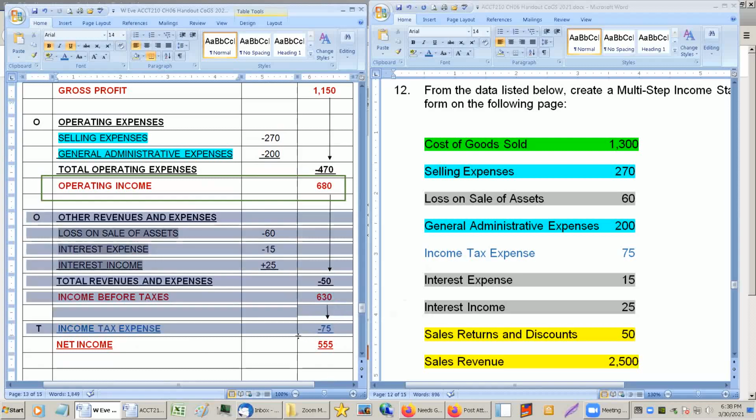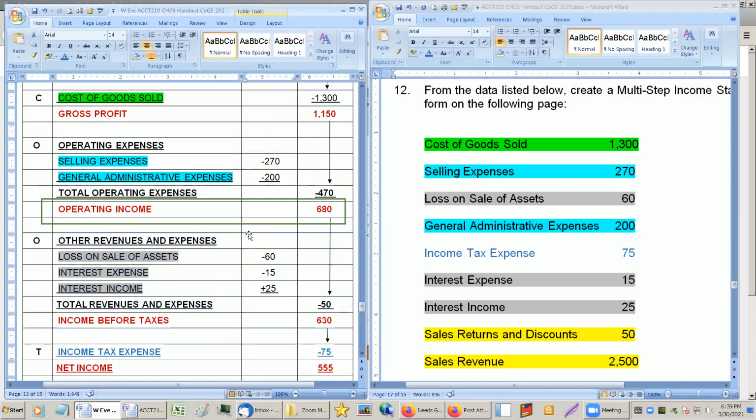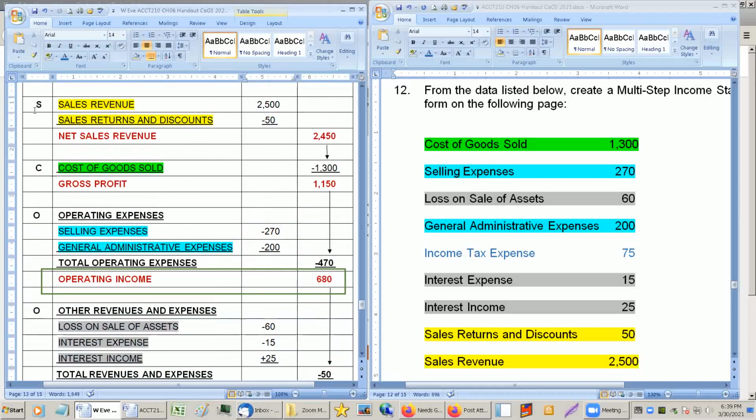And the income tax expense, the tax code, they don't have much control over that. They might plan for it a little bit, but you really don't have too much control over those things. So these are things that are not really under the control of management. Whereas this is what they're supposed to be doing.